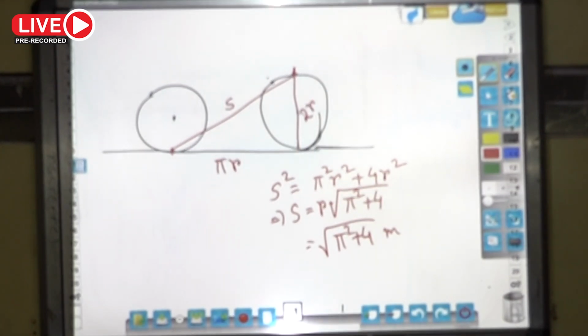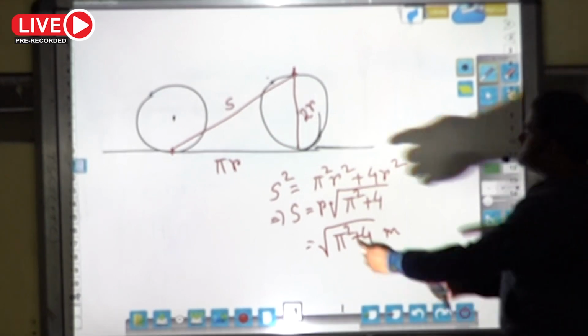So whenever there is this type of question, first calculate that if there is a complete revolution of the wheel, it crosses a horizontal distance equal to its circumference, that is 2 pi r. Since it is half revolution, the linear distance covered is half of the circumference, that is pi r.